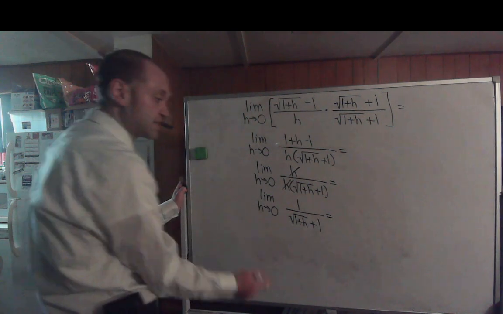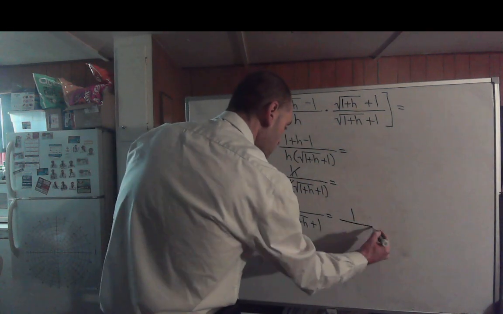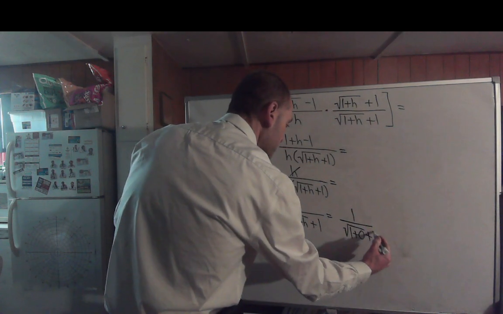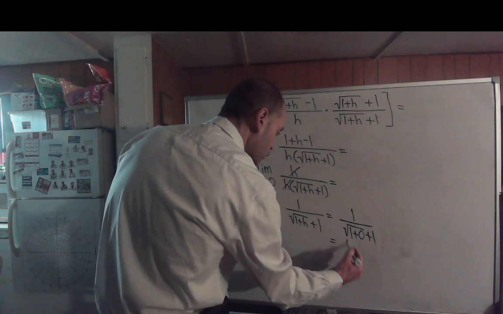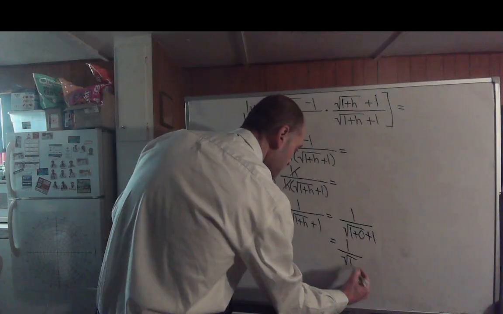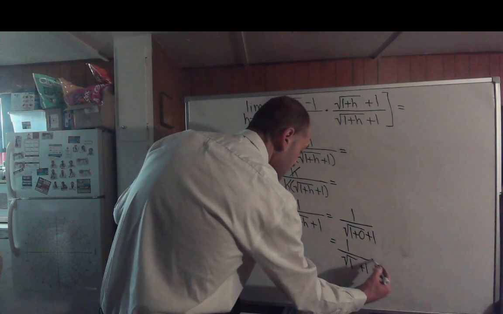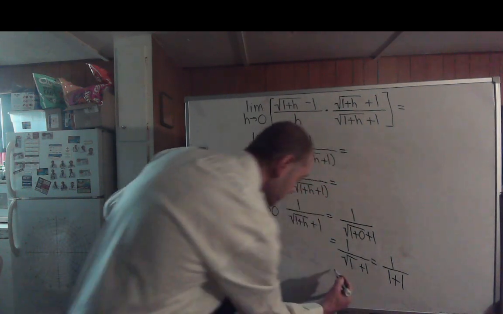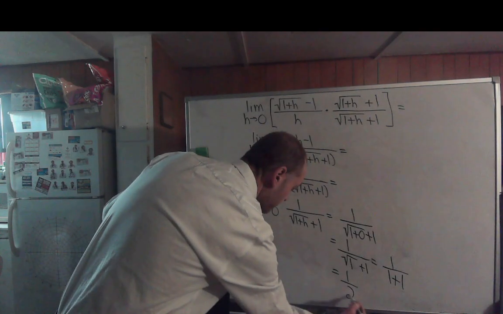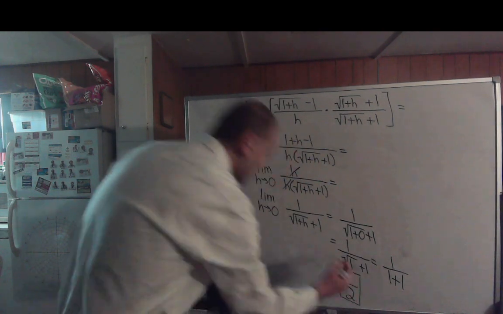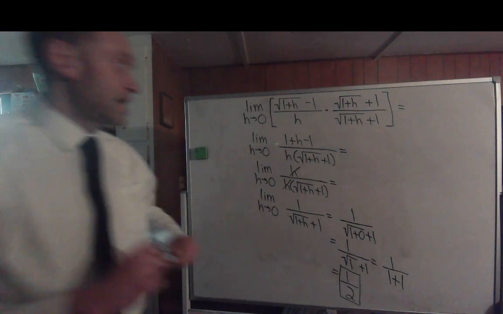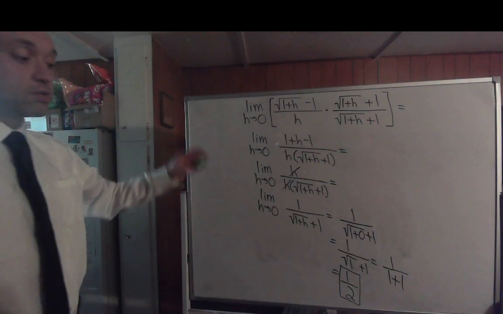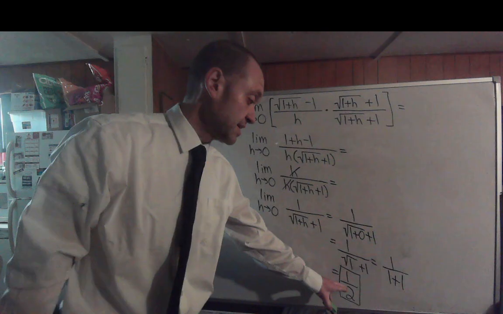This would give you 1 over the square root of 1 plus 0, all that plus 1. That's just going to give you 1 over the square root of 1 plus 1, which would give you 1 over 1 plus 1, which is 1/2. So the limit of this function is going to end up being 1/2. What started out looking hopeless turned out to be a nice answer of 1/2.